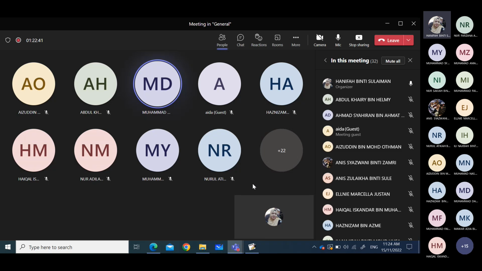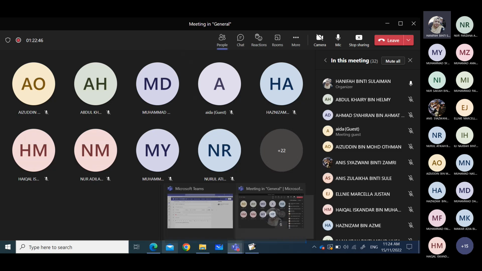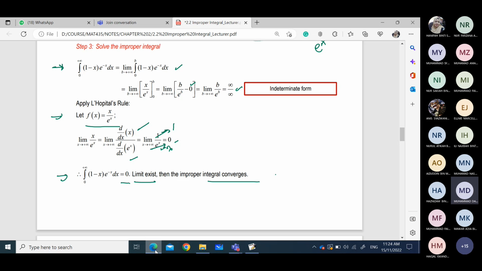Tak ada. Faham eh? Apa dia? Mina, yes. Kalau nilai dia tu kosong, ya. Negatif 1, boleh? Oh, okey.